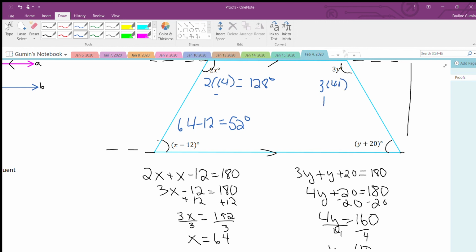This corner angle is going to be 120 degrees. And then we have 40 plus 20, which gives us 60 degrees.